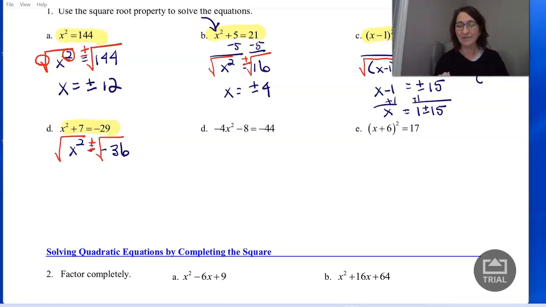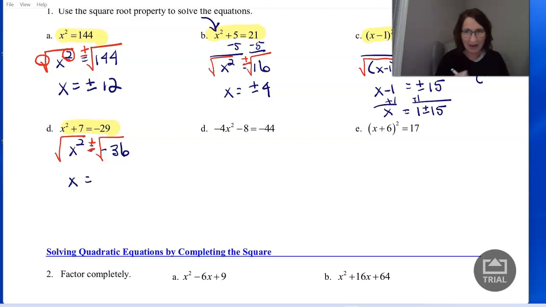On the left side of my equal sign, I just have an x. Now, before, I would have stopped right here and said, oh, I've got a negative underneath my radical. When I have an even index, I can't do anything. But since we learned about complex numbers and imaginary numbers, we can deal with this.